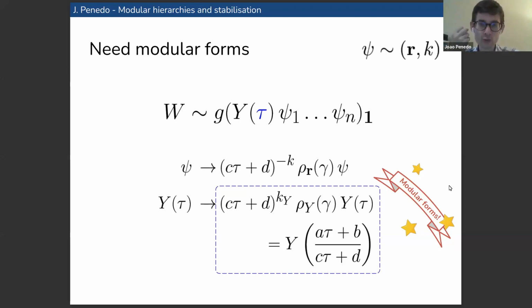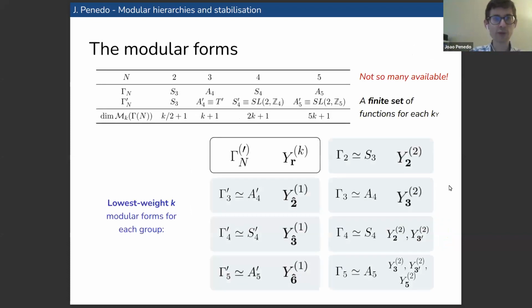So you want to build singlets, you try to build your singlets, but you find that the number of modular forms is restricted. There is a finite set once you set the weights, these exponents for the fields, which I am calling weights, and you choose your group. Basically, the number of modular forms that you have available is small.